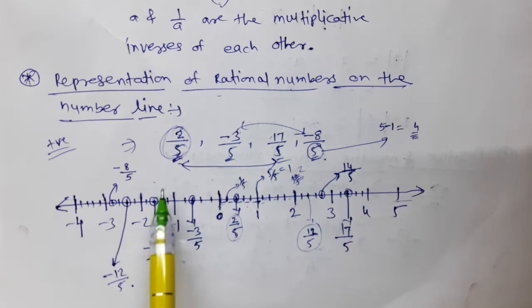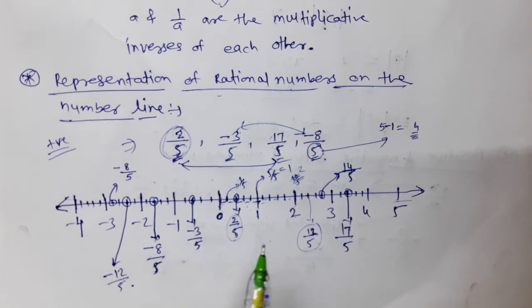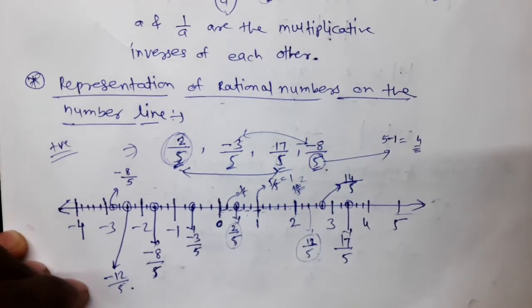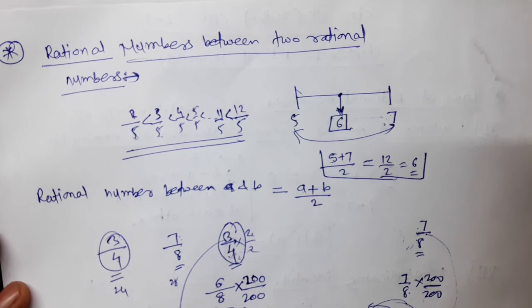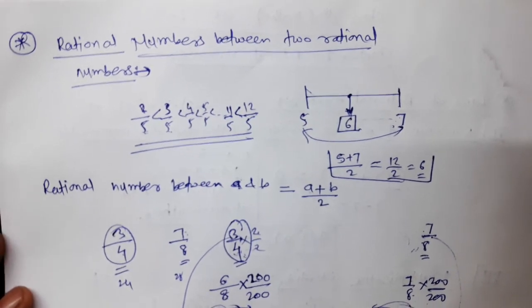On the left-hand side also, minus 5 upon 5, minus 10 upon 5. These are the integers. So in this way we can find the location of any point on the number line and the value of that point, or the point which has the given coordinates.